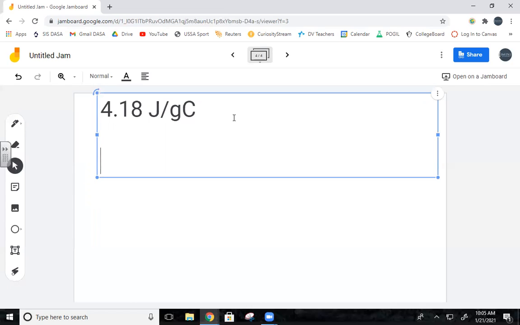This is probably, I don't know, 350 milliliters, something like that. Okay. So 350 milliliters. Right? Which handily is how many grams? It's 350 grams.